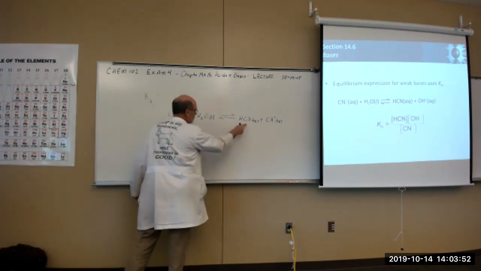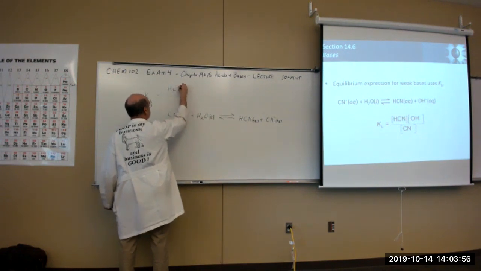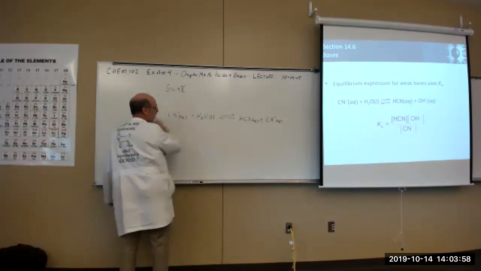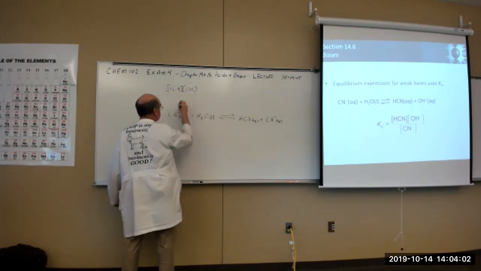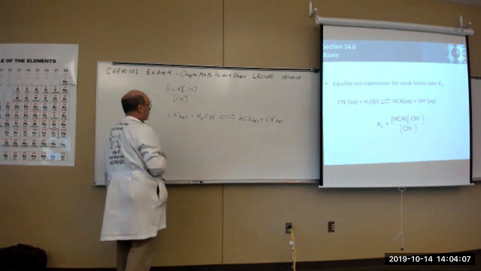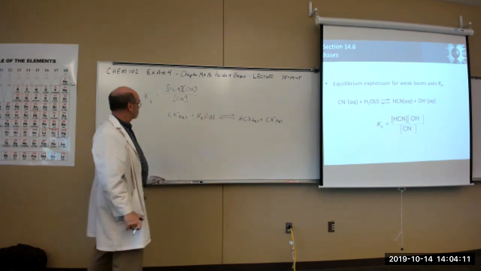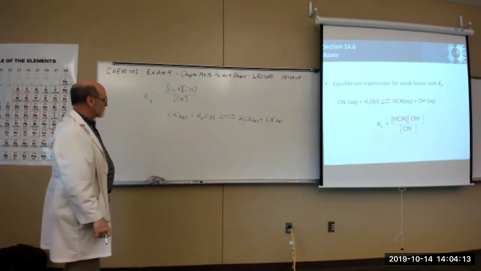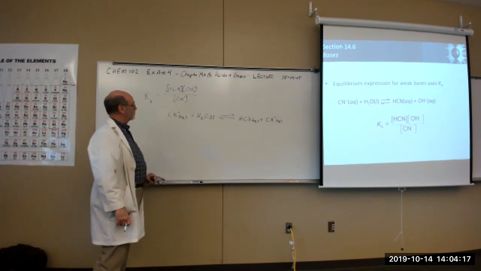You just need the aqueous concentration of this one at equilibrium, concentration of this one at equilibrium, and the concentration of this one at equilibrium. And that one doesn't count because it's a pure substance. Okay? So that's the Kb for the cyanide ion.